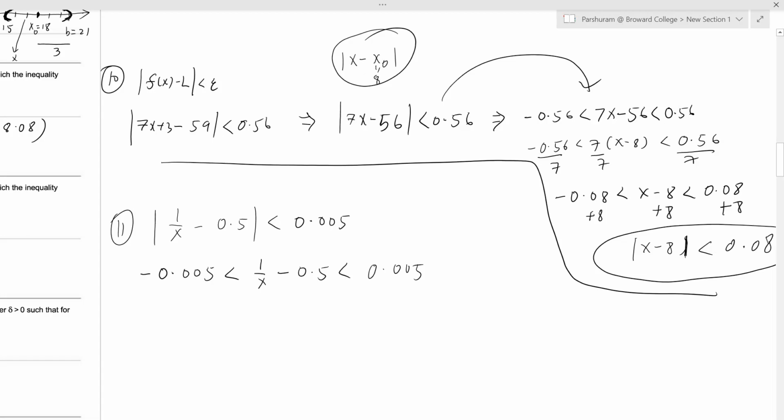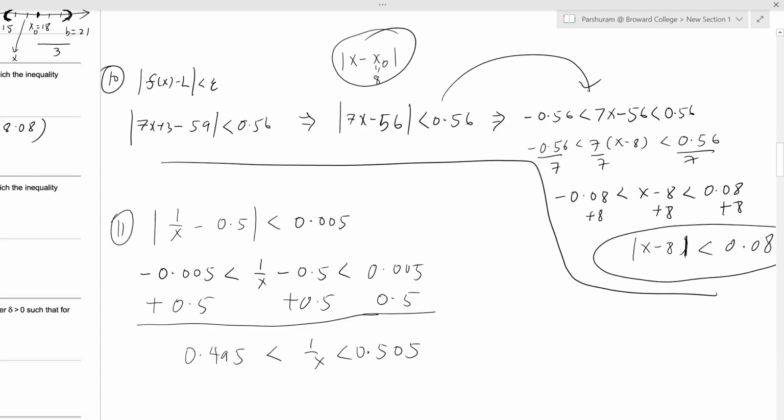Just add 0.5 to all sides. By doing that, on the left side we get 0.5 minus 0.005, which is 0.495, less than 1 over x, less than 0.505.